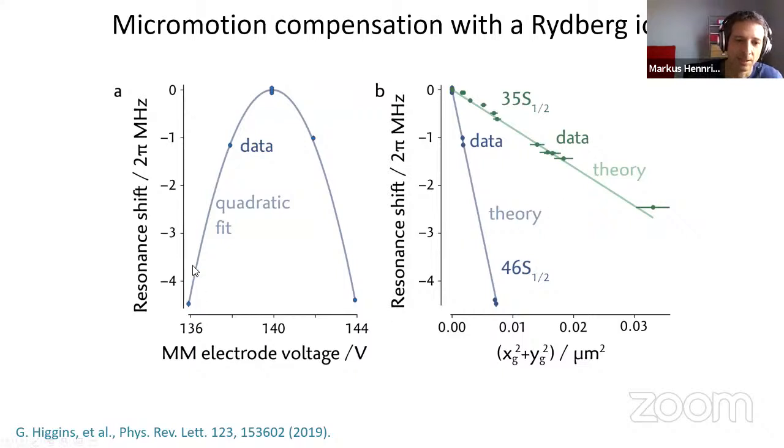If you measure the resonance frequency of your Rydberg excitation, then due to this polarizability, the Stark effect shifts your energy level on top of that, depending on what micromotion voltage you apply. So this is a micromotion effect of your Rydberg ion, which shifts the energy levels.